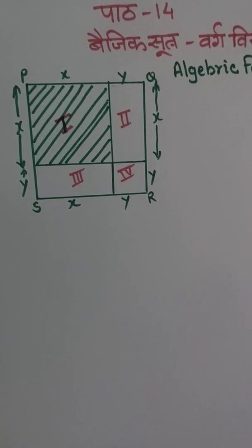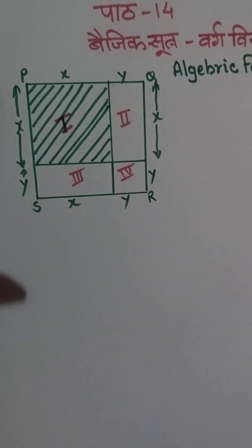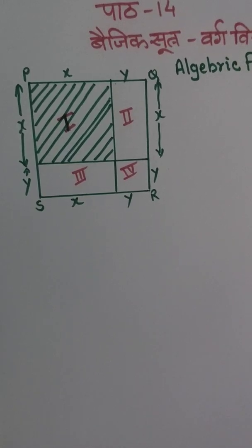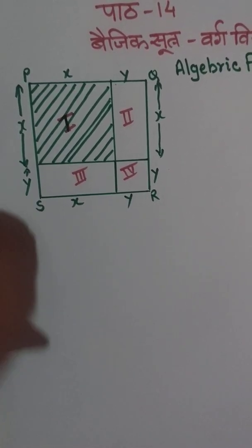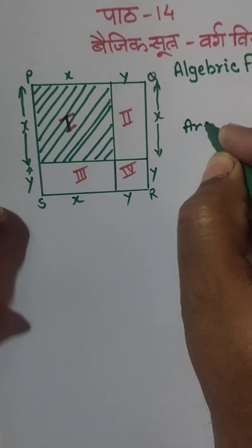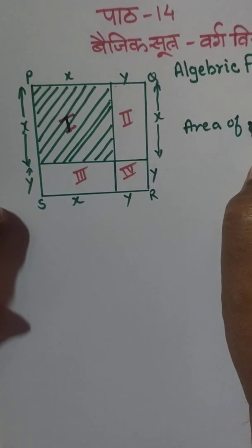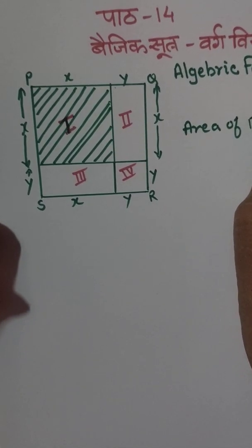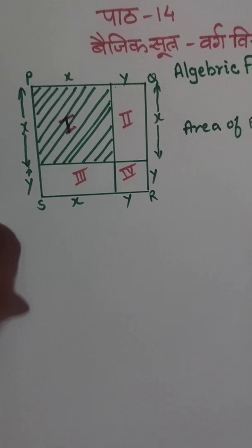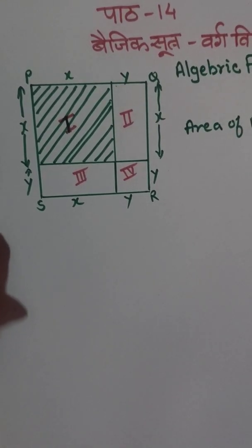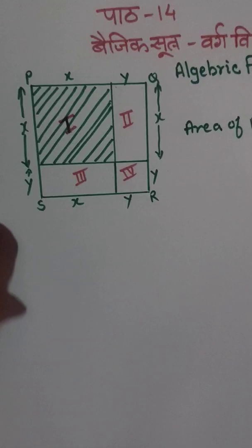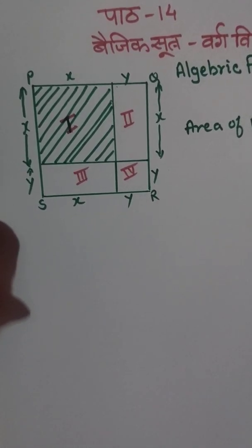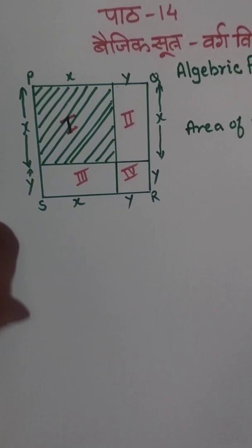Then the area of this square PQRS, area of PQRS, which is a square by the given figure, is equal to (x plus y) whole square.